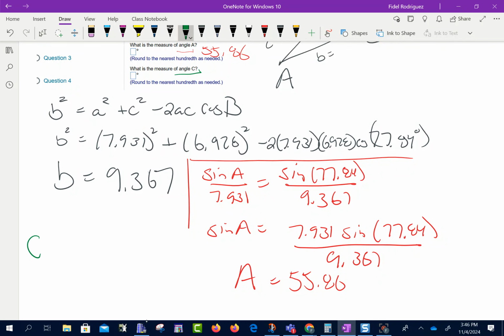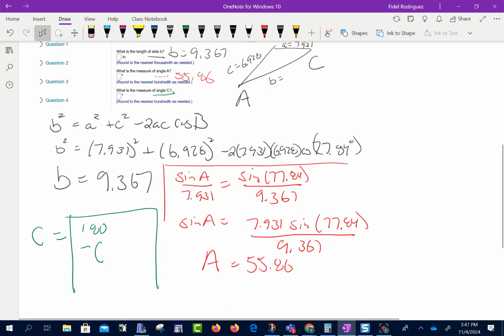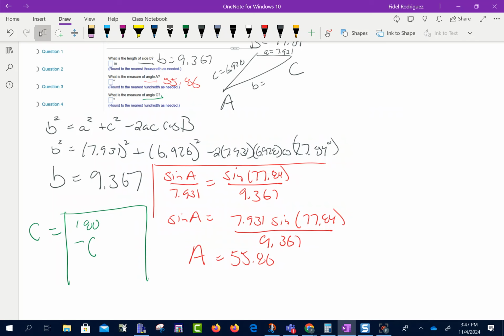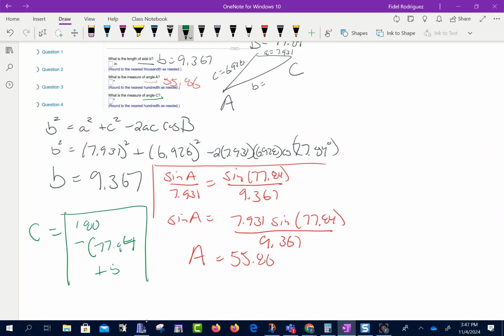C. So y'all remember the way we could find angle C is we could say, look, let's take 180 degrees and let's subtract the two angles that we already know. Well, we already knew that angle B, y'all, was 77.84, not 77.85, sorry. And we just found angle A to be 55.86.